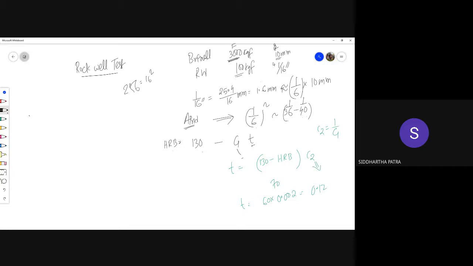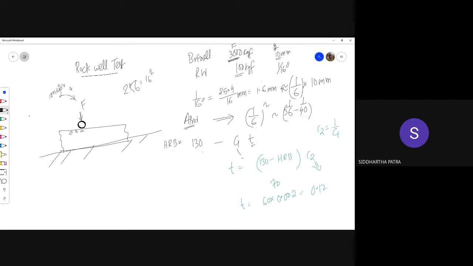One of them being that imagine this one is your specimen, and let's say it has some subsurface flaw, like a blowhole. At the time of manufacturing, it develops some subsurface flaw, and you are placing your indenter right here and applying the force F, which for the Rockwell test is known as the major load.